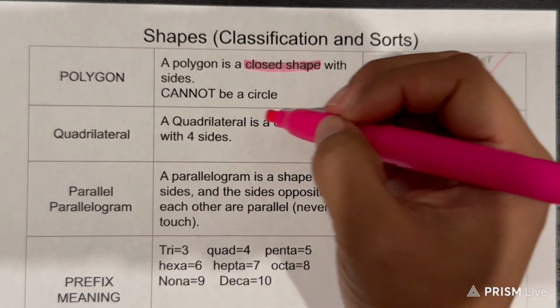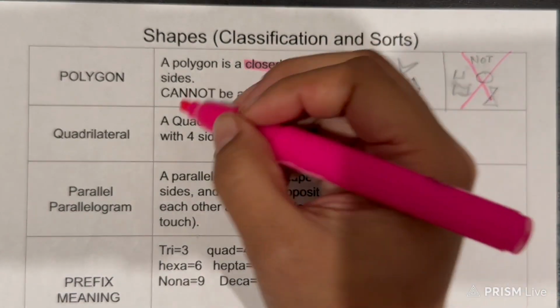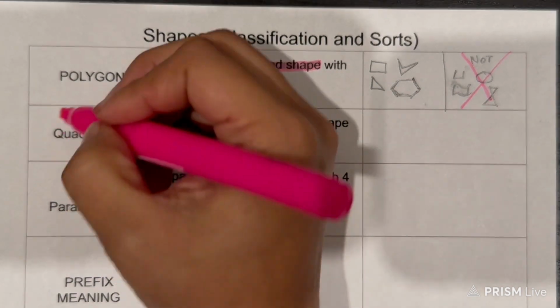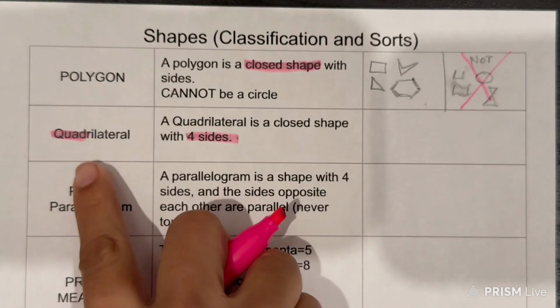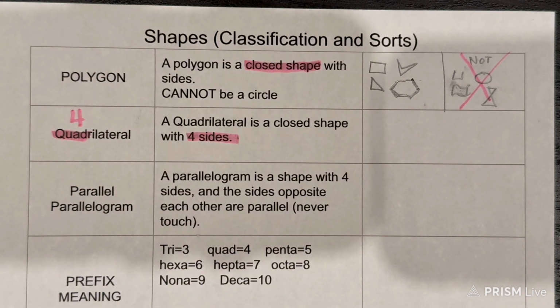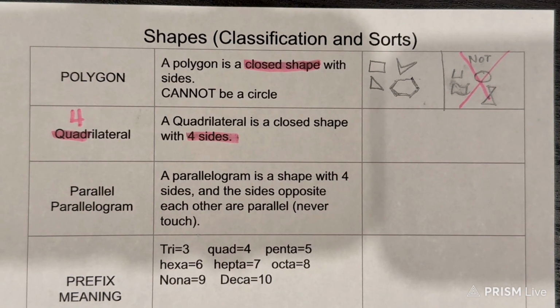Quadrilateral. A quadrilateral is a closed shape with 4 sides. An easy way to remember quadrilateral is quad actually means 4. So for a quadrilateral, you can end up having any shape with 4 sides.